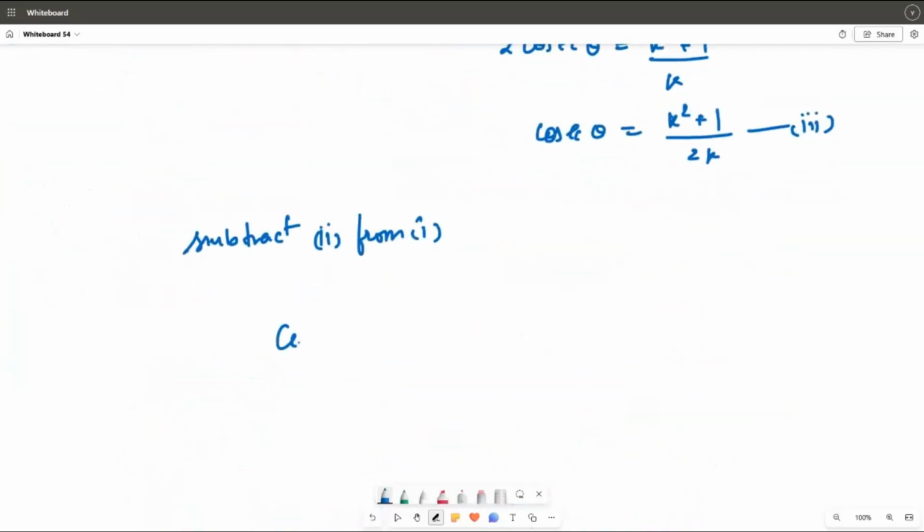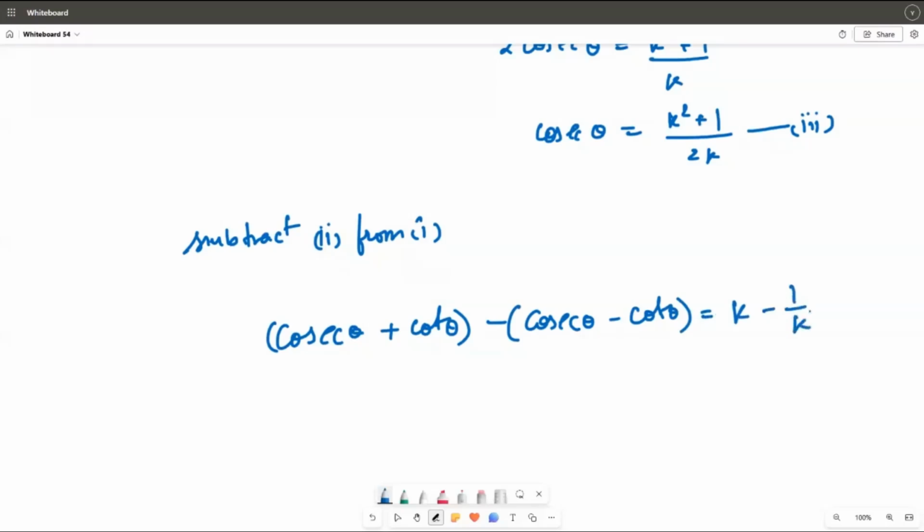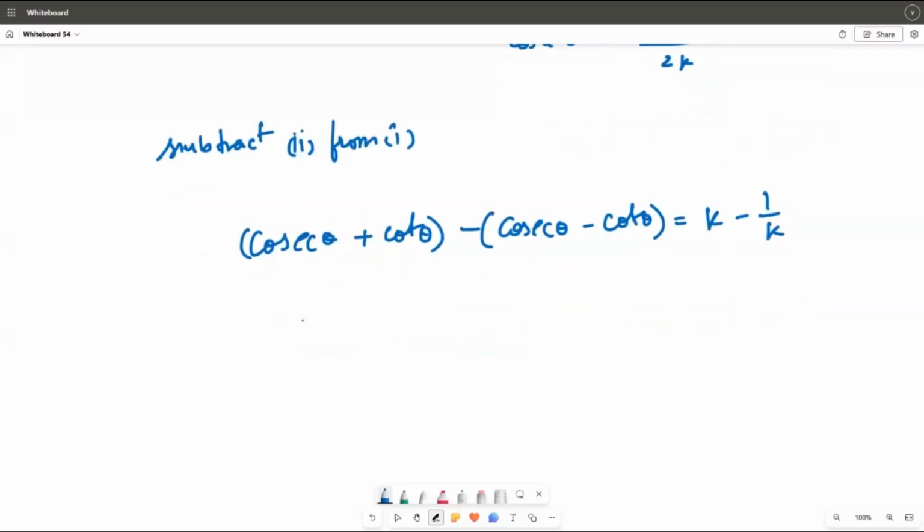The first equation is cosec theta plus cot theta minus cosec theta minus cot theta, which is equal to k minus 1 by k. If I open the brackets for the second part, this would be cosec theta plus cot theta minus cosecant theta plus cot theta.